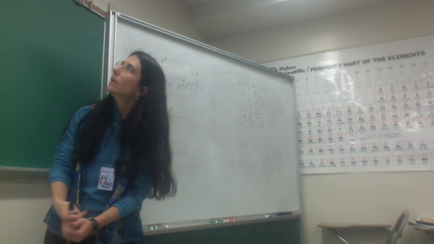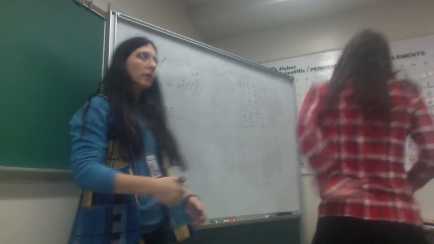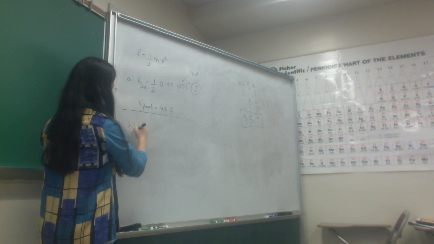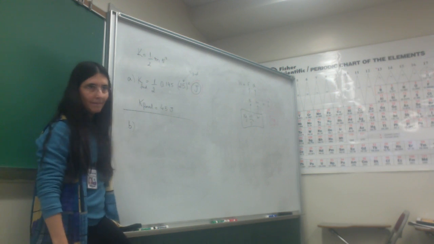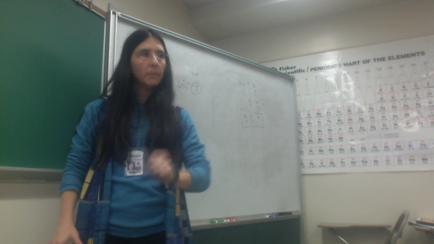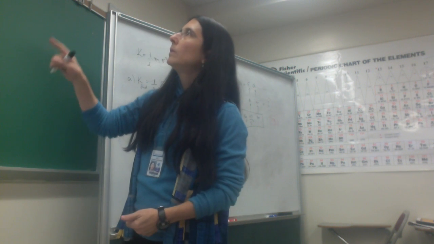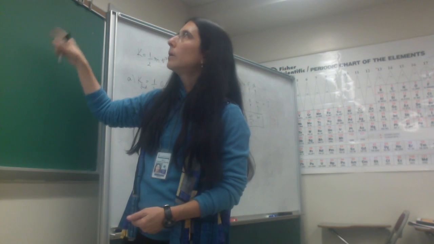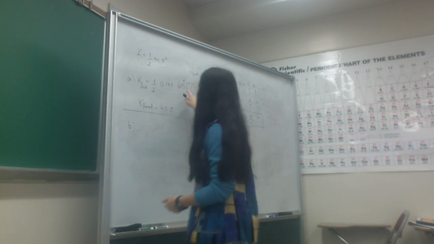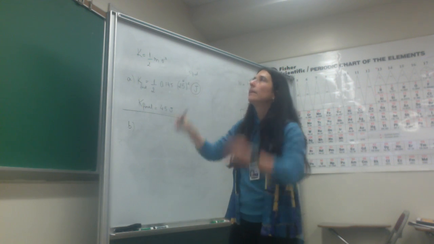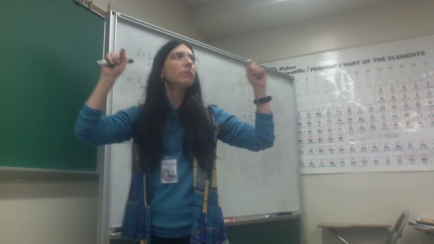Part B. What was the net work? It's the same, because it's 45 minus 0. I didn't read the problem correctly. What was the net work done on the ball to make it reach the speed of 25 meters per second if it started from rest?